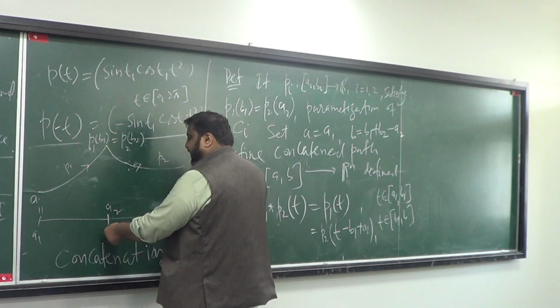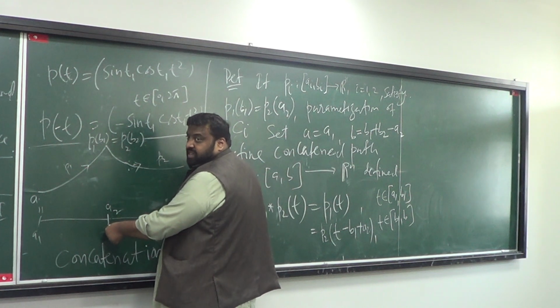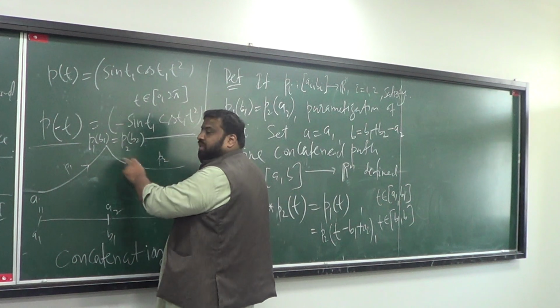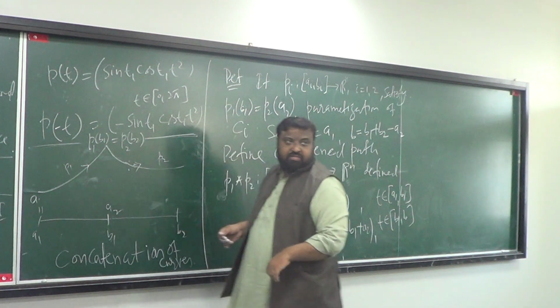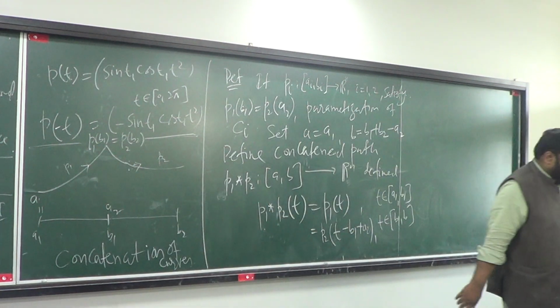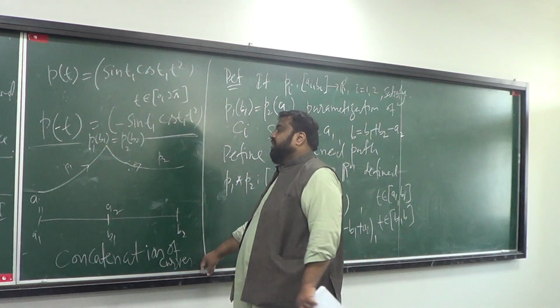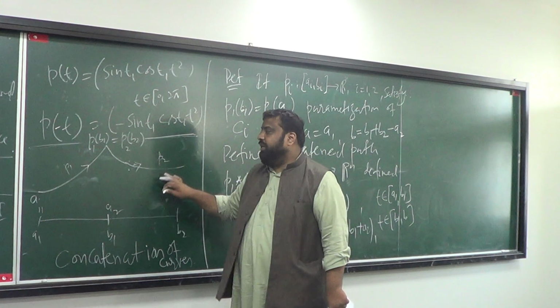And if I substitute any value in this interval, it should give the same value as P2 is giving you. So let's think over whether this gives the same value as P1 and P2 or not.